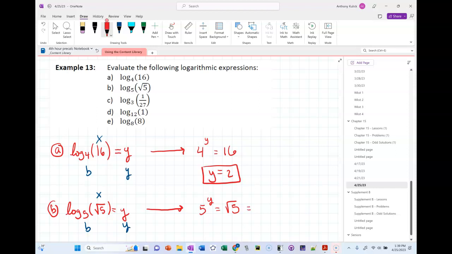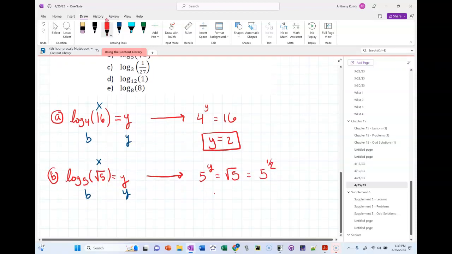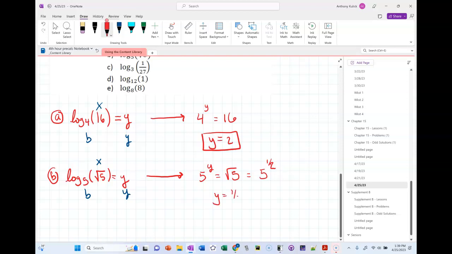Well, I remember that the square root is the same as what exponent? So 1/2. So the square root of 5 is the same thing as 5 to the 1/2. So y has to just be 1/2. Everybody's okay with that? Again, I could think about the same thing here, that like 16 is 4 squared, right?